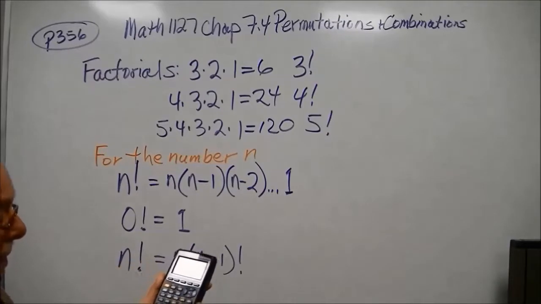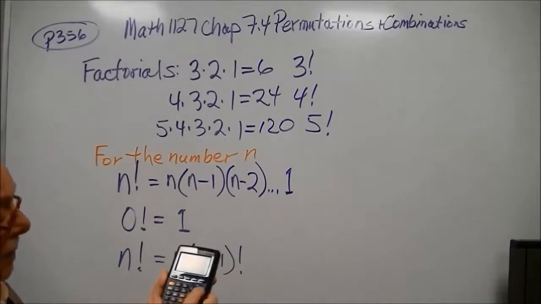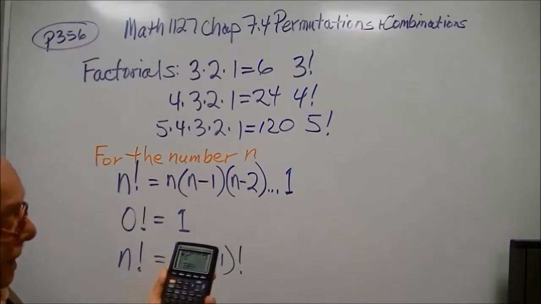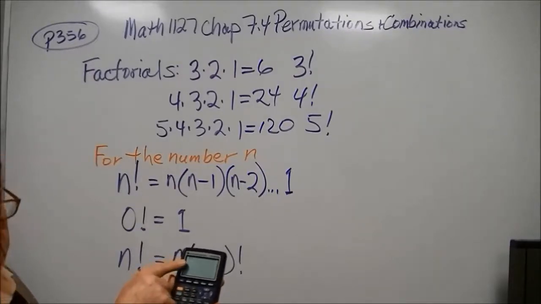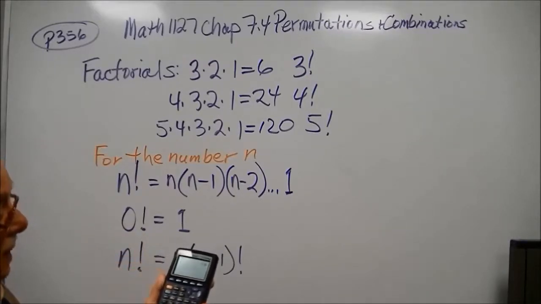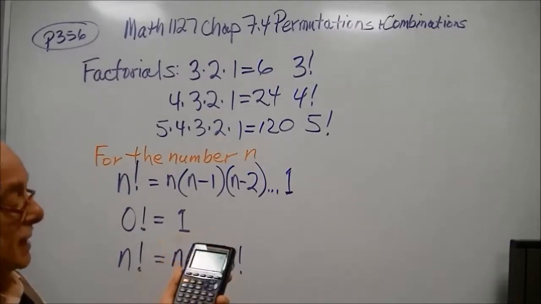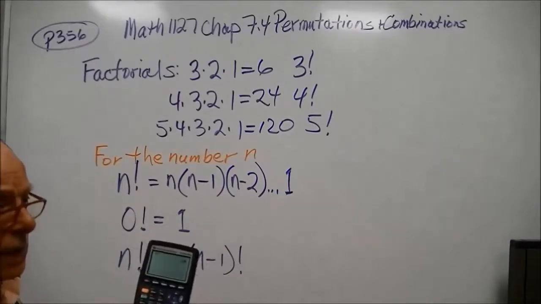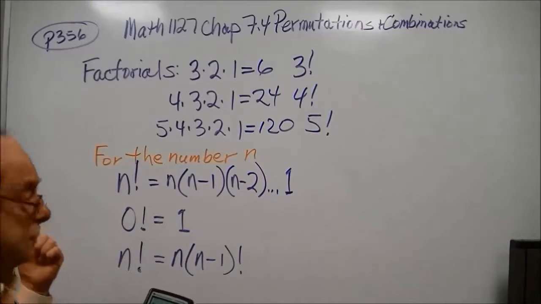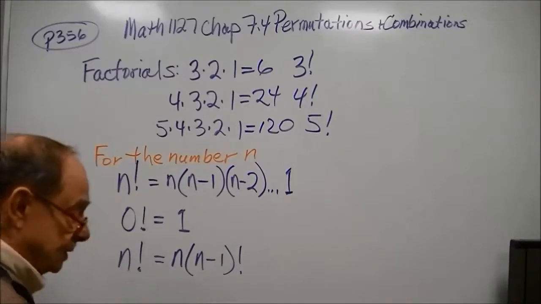So if you, for instance, enter 5 and then do Math, use your buttons to go over to the third column and then down, or just hit number 4 there, it puts a factorial, the exclamation point, after the 5, and you hit enter, and it gives you your answer of 120. Again, I don't know how much you can see on this, but check your calculator, or if you're using the in-house calculator in Math Zone, you'll want to know where that particular button is, because it's a very useful tool.